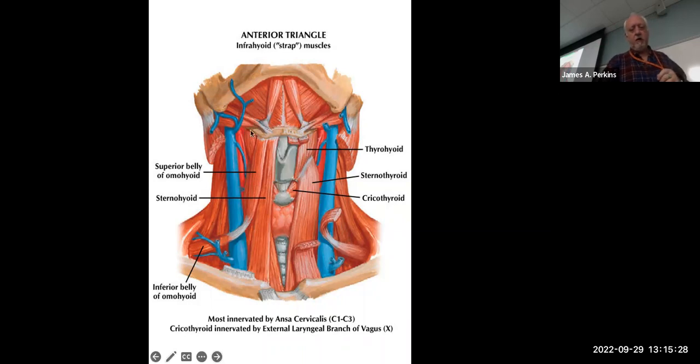That omohyoid is the most lateral of the muscles that connect to the hyoid bone. Just medial to that is one called sternohyoid. This one's a little easier to remember because the name literally tells you its attachments. Sternohyoid connects the sternum to the hyoid bone. And it's also going to pull down on the hyoid bone.